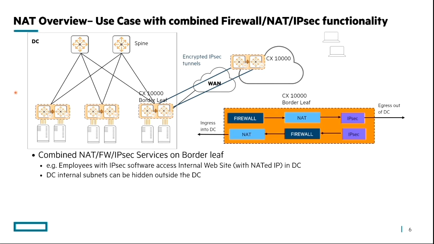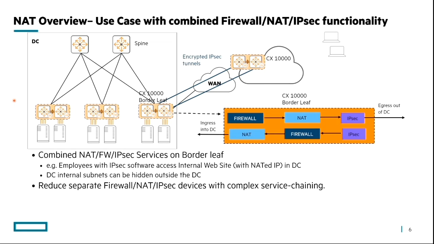So with this combined feature function, NAT, firewall and IPsec services, we can have employees, for instance, with IPsec software access internal websites that are both being NATed from outside to in, and firewall inspected. And DC internal subnets can be hidden from outside the DC as well.